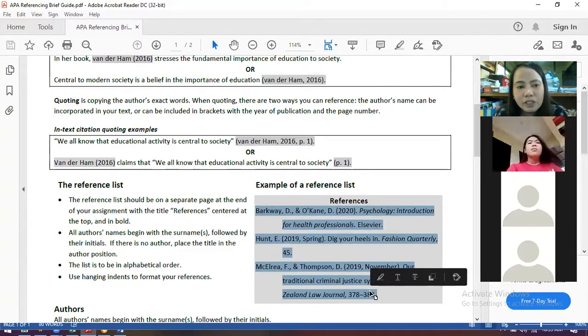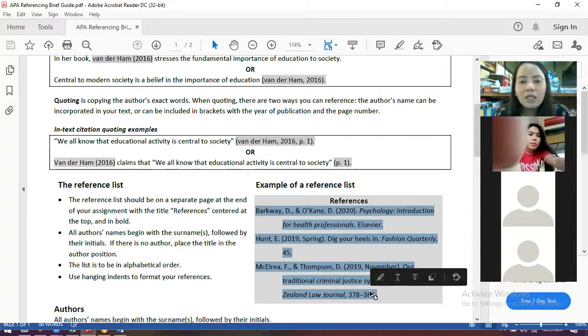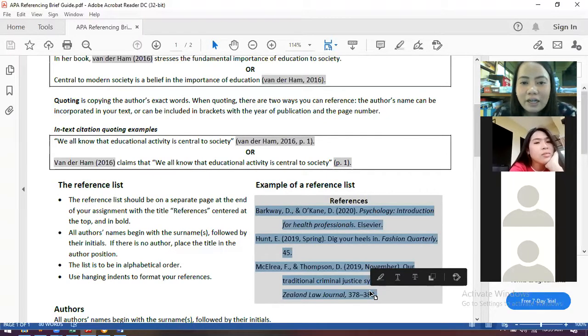Kaya nga, I am introducing this lesson to you ahead of time para hindi nyo kailangan balikan yung reference na isi-search nyo siya ulit, that is going to be very difficult. So, by the time na nag-get kayo ng information, kunin nyo na right away yung reference or yung information ng authors so that we can make the reference right away without giving you so much hassle.